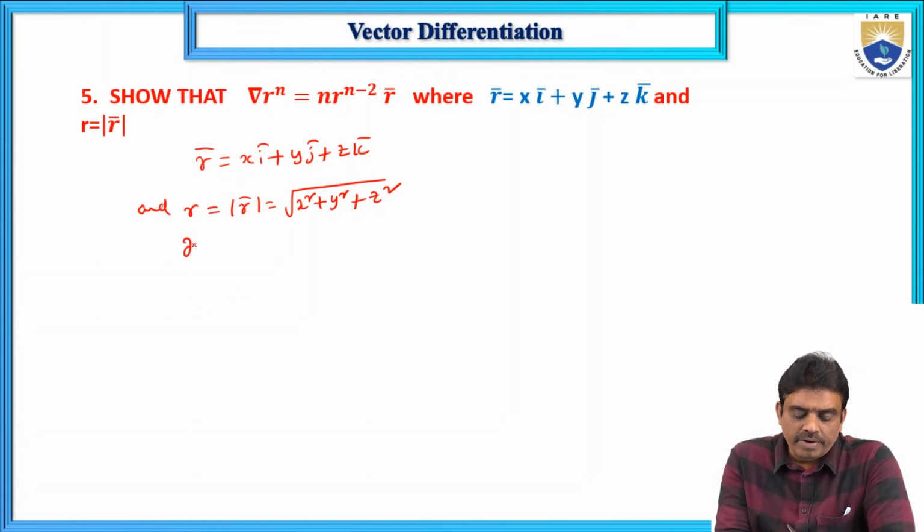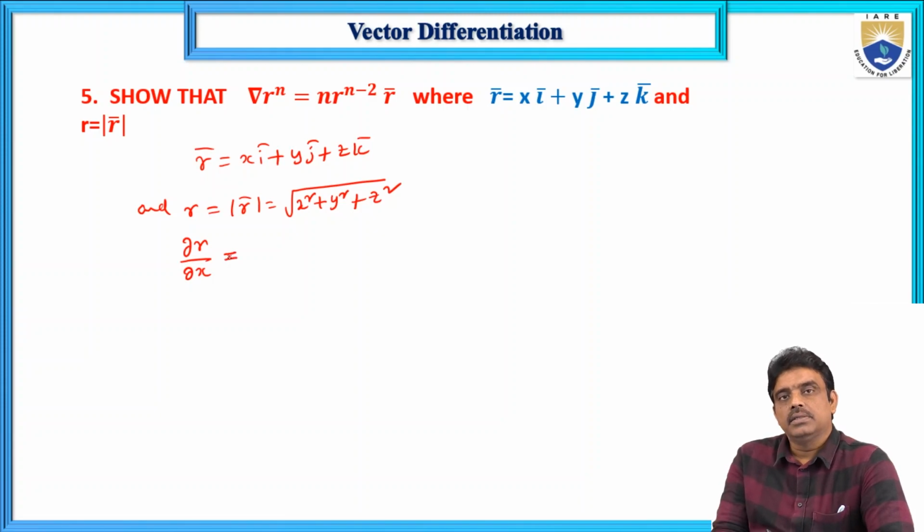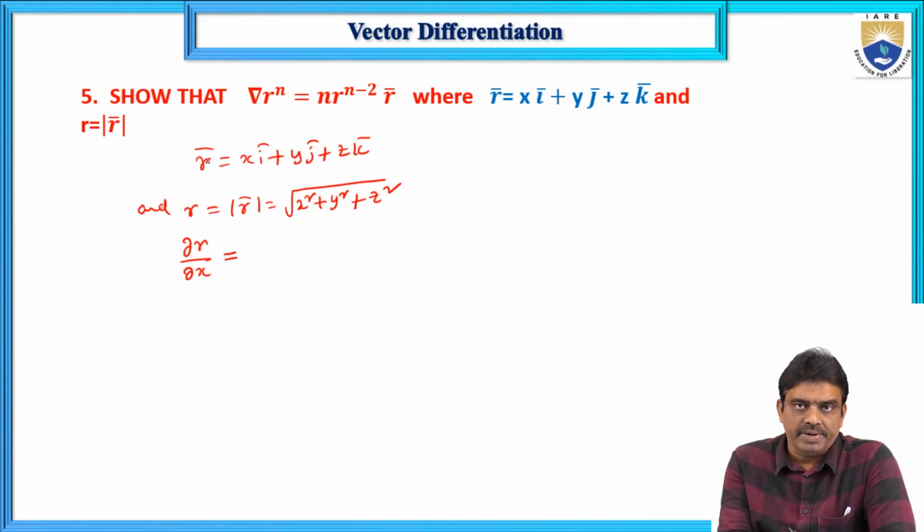Then our requirements are, you can calculate dou r by dou x, the partial derivative. R is different from r bar. R bar is a vector, r is a scalar function. Dou r by dou x, I am going to differentiate partially with respect to x.